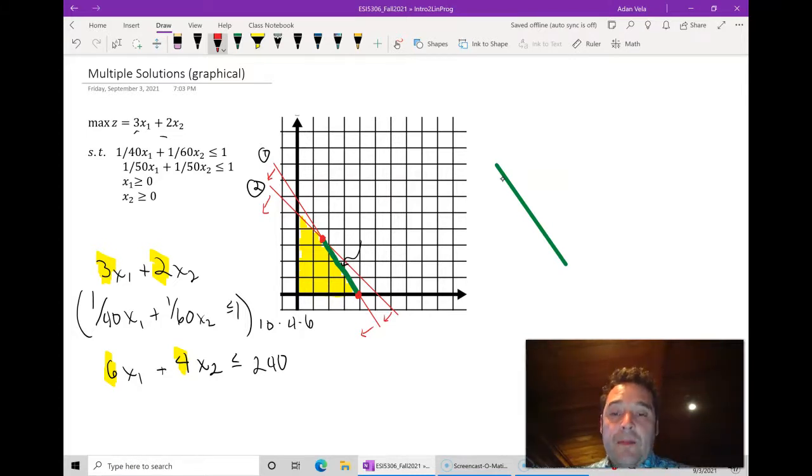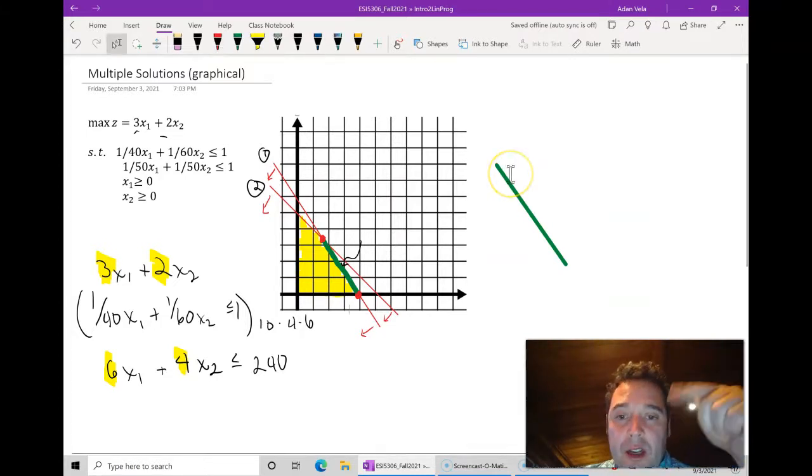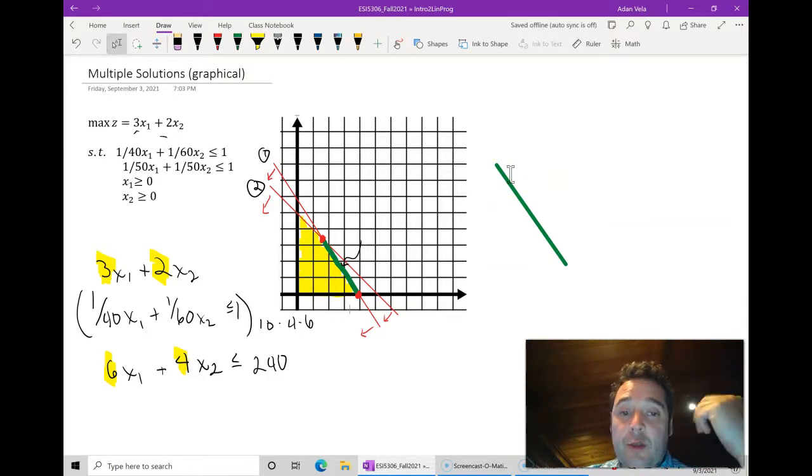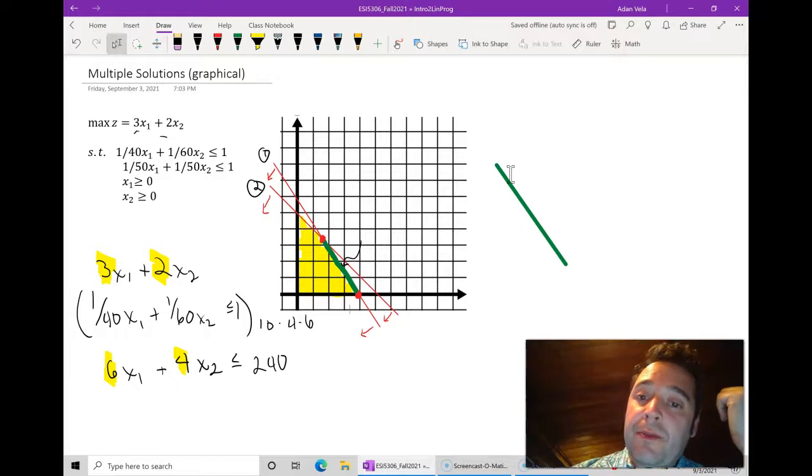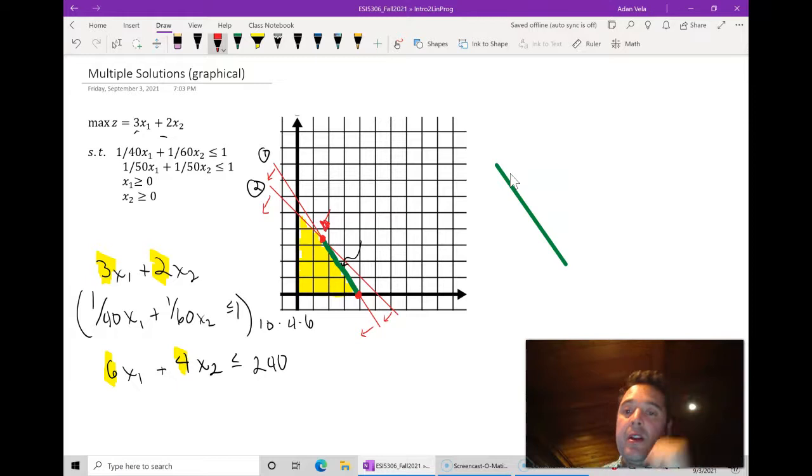The other interesting part is, depending on which solution you take on that line, certain constraints will be active or inactive. For example, if you pick this extreme point here, then constraints 1 and 2 are active.